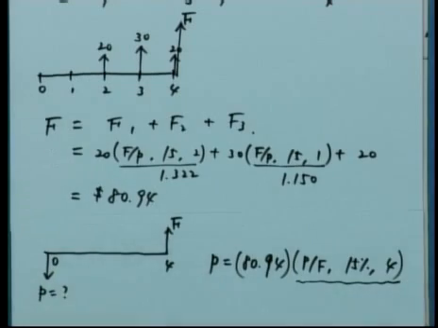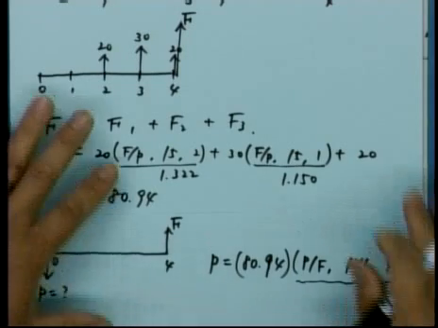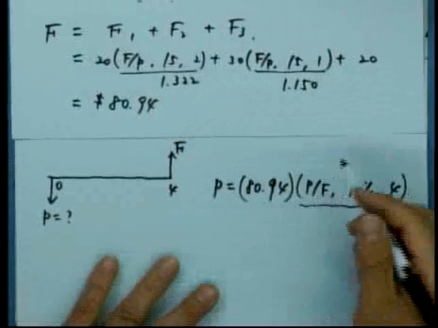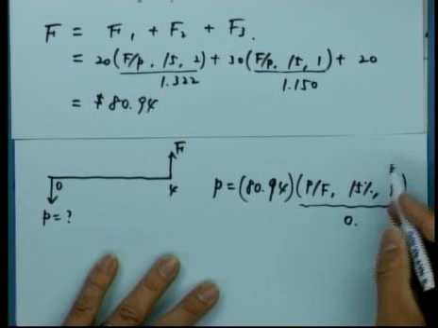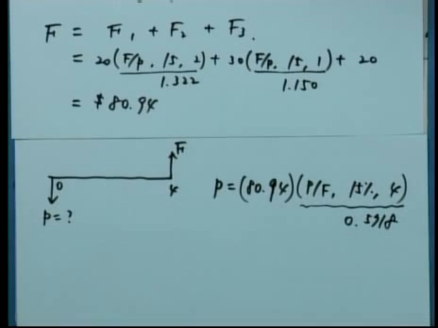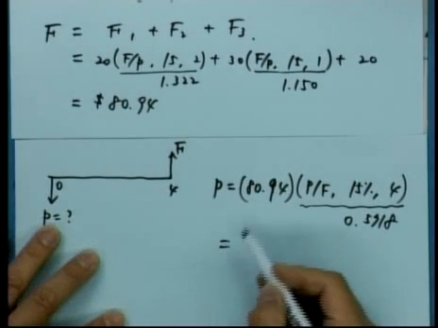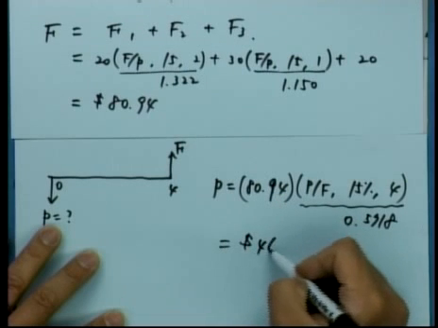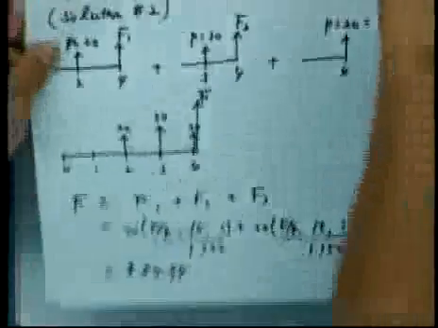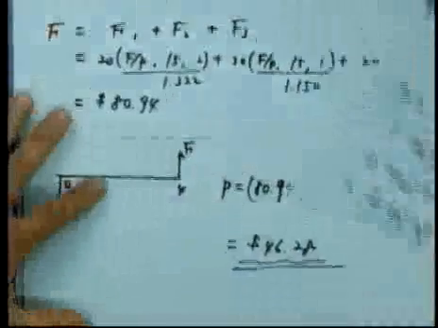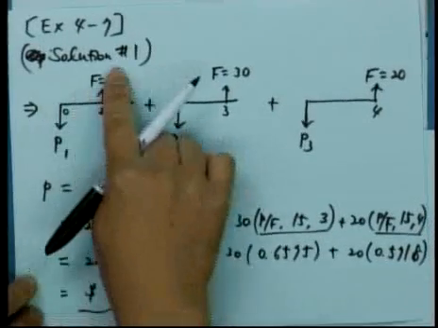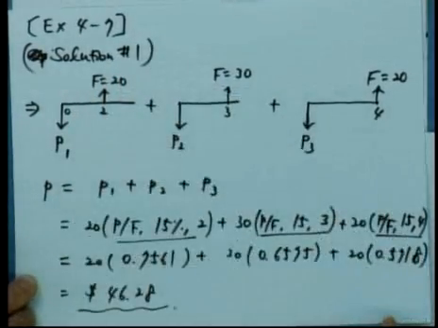Again, this factor value can be obtained from the Appendix C compound interest table, and it is 0.5718. Okay, so this value would be $46.28, which is exactly the same as the one from solution approach number 1 earlier.